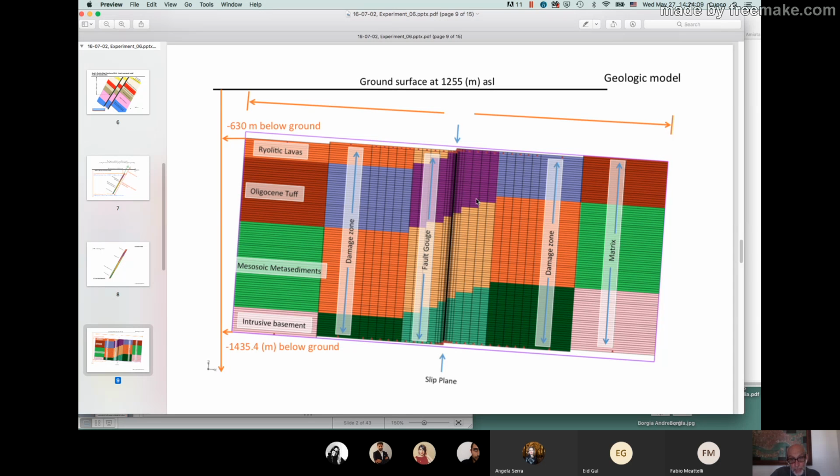And the reason is that the full system is saturated with water at the beginning. So as you inject CO2, the CO2 is not able to displace the water out of the pores of the rocks and out of the smallest fractures. And so the CO2 remains concentrated in the fault zone.